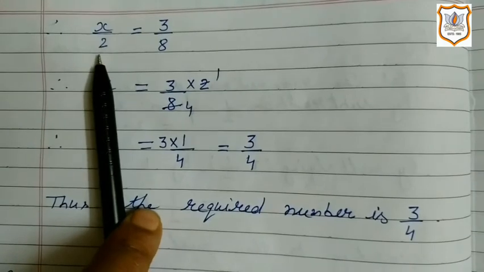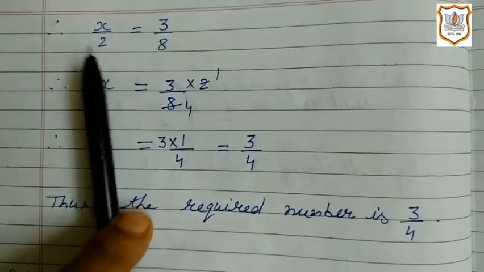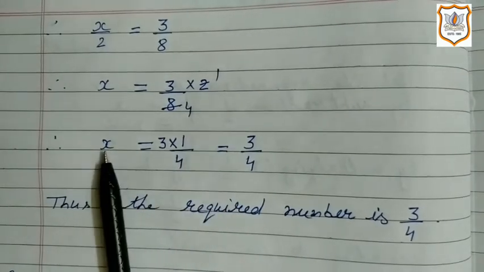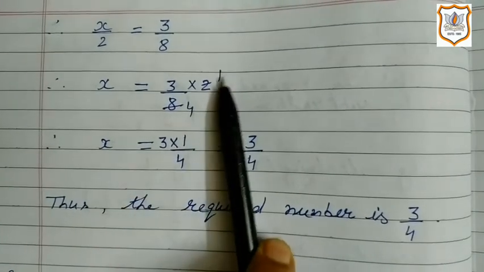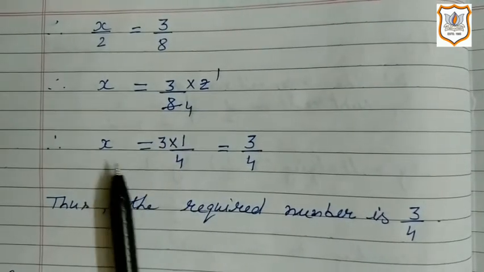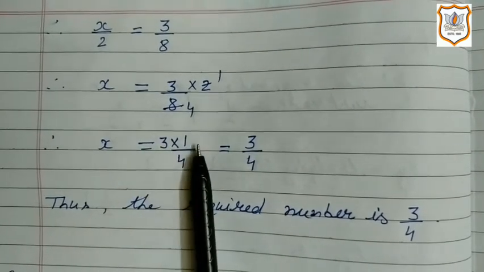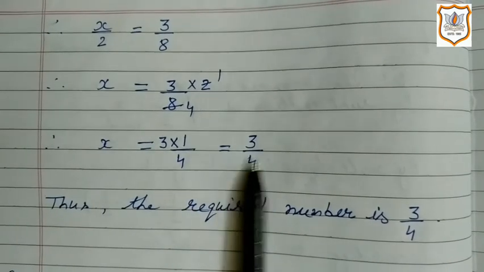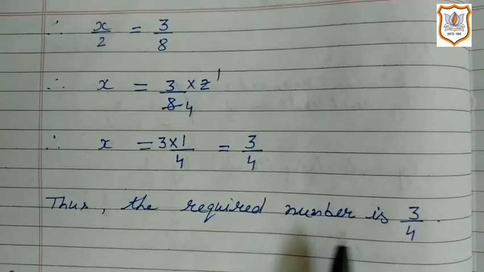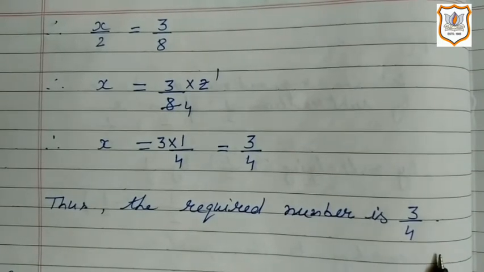Here 2 is in division and here 2 is in multiplication. Next, we cut 2. 2 1s are 2, 2 4s are 8. So, x is equal to 3 multiply 1/4, and we get 3/4. Thus, the required number is 3/4.